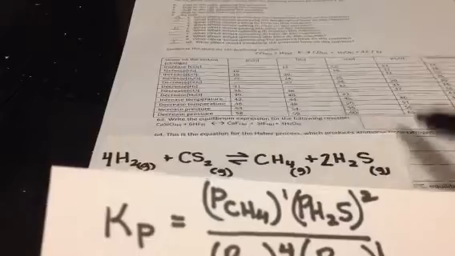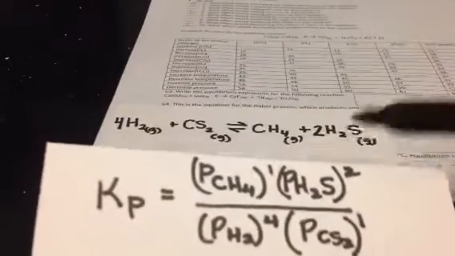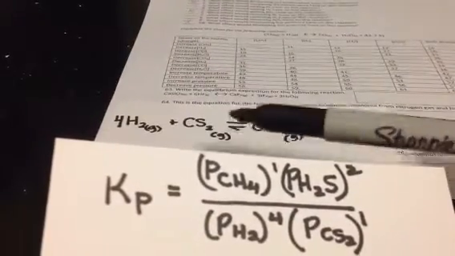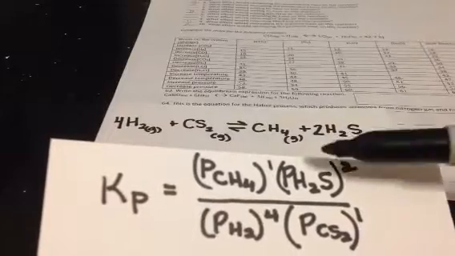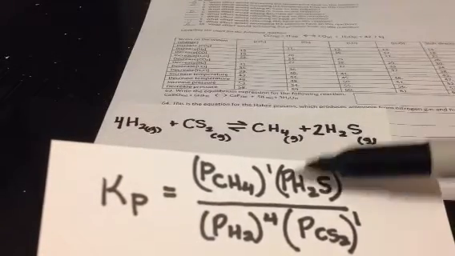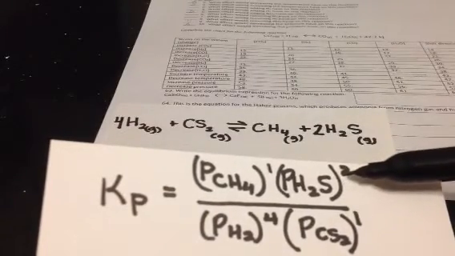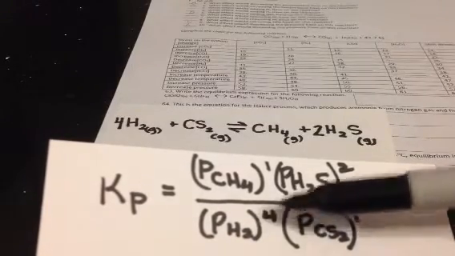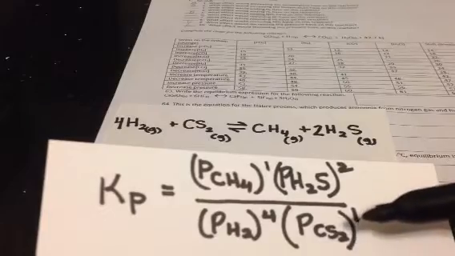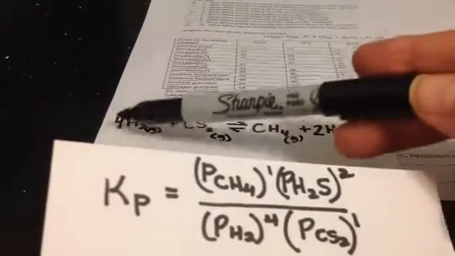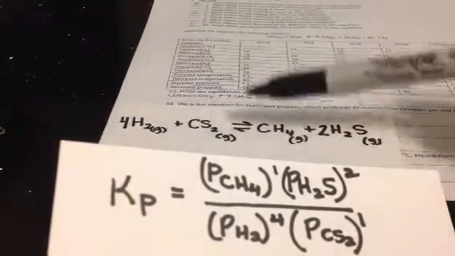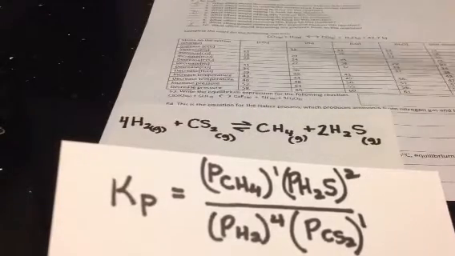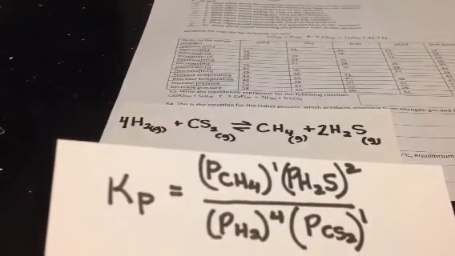So in my equation that I had here a second ago, my products are CH4 and the coefficient is a 1. And my other product is H2S and my coefficient is a 2. Over my reactants, that's the H2 raised to the 4 and the CS2 raised to the 1. I got my coefficients from in front of each of my compounds in this equation.